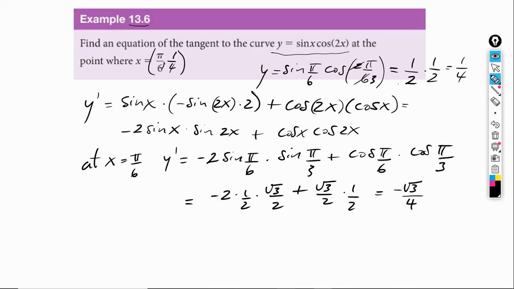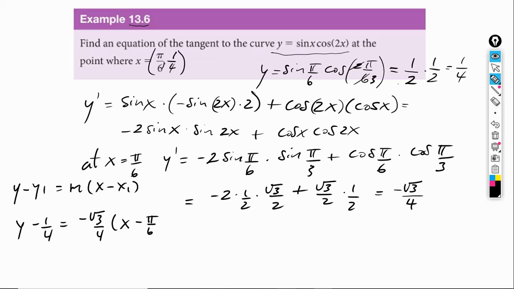So I have all the information I need to find the equation, because remember that the point slope form of the equation, just to recall, is y minus y1 is equal to m times x minus x1. So plugging into this, we have that it's y minus 1/4 is equal to minus square root of 3 over 4 times x minus pi over 6.